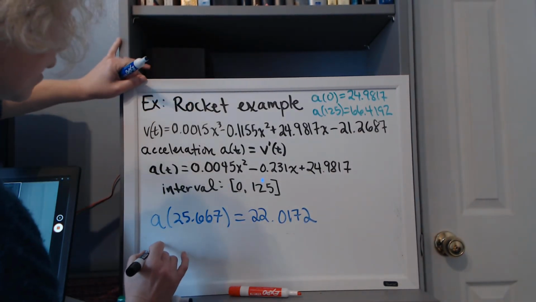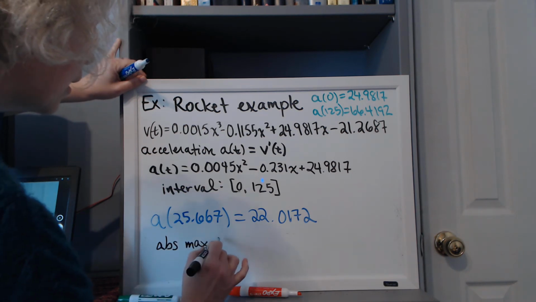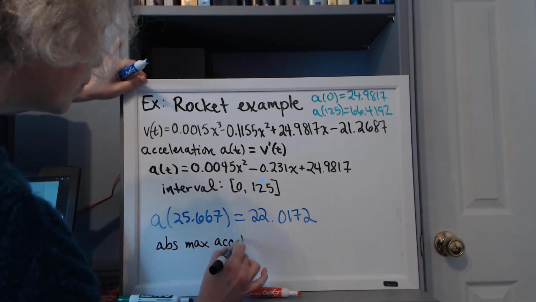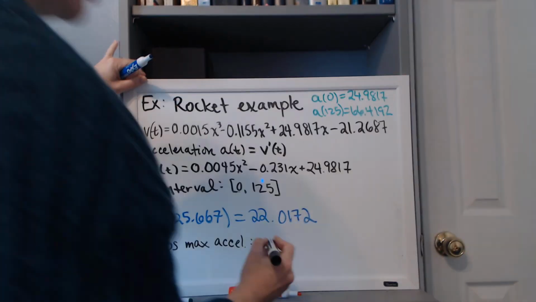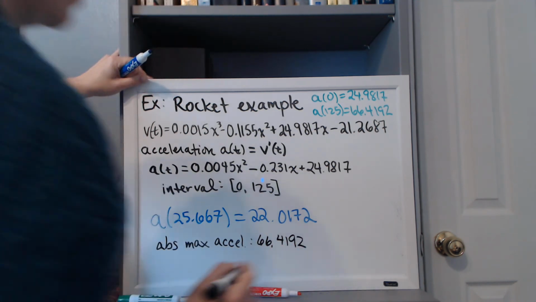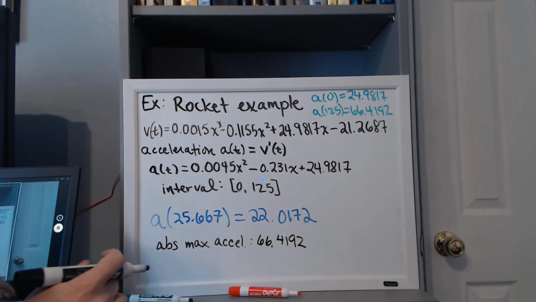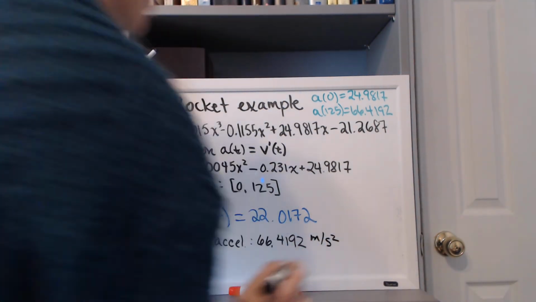And we see, after looking at those values, the absolute maximum acceleration is 66.4192. And our units for this are meters per second squared.